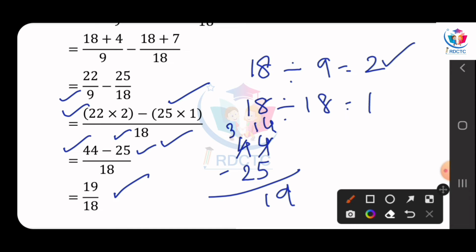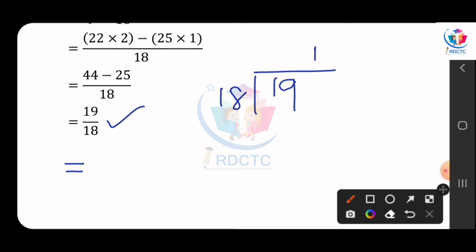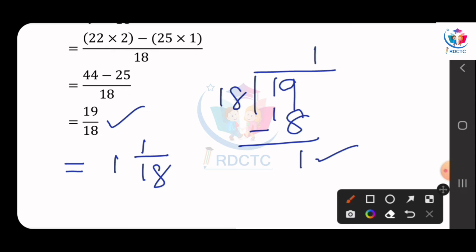As it is an improper fraction, we convert it into a mixed fraction. Okay, let's convert it. 19 divided by 18. 18 1s are 18 and we get 1 as remainder. Okay, I write here 1 whole 1 by 18. Okay, and it is our final answer.